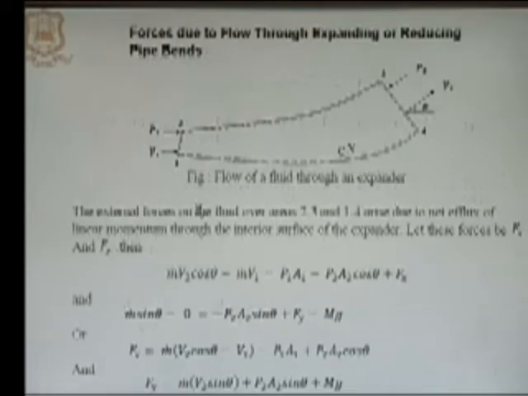Now, subtracting equation 1 from the second and dividing it by delta t, we will have B system at t plus delta t minus B system at t divided by delta t is equal to B CV at t plus delta t minus B CV at t divided by delta t, minus B1 at t plus delta t divided by delta t, plus B2 at t plus delta t divided by delta t.